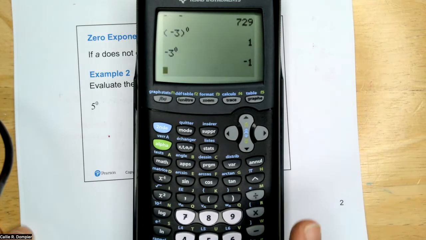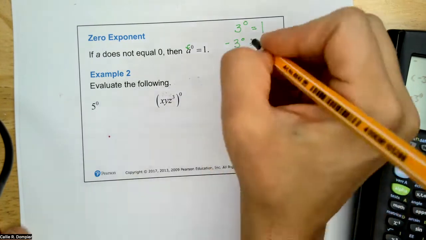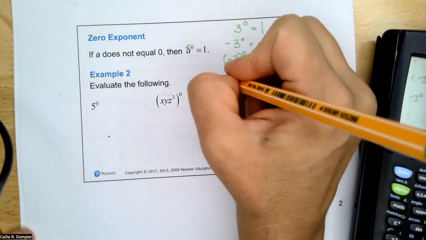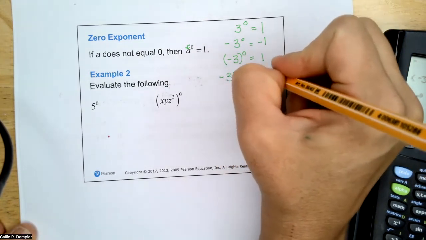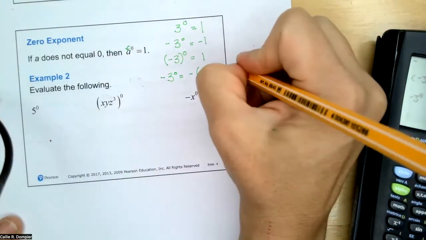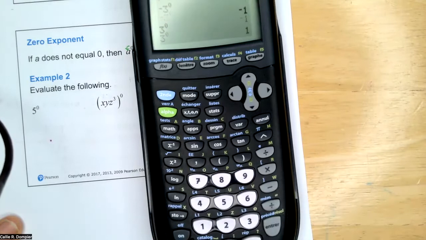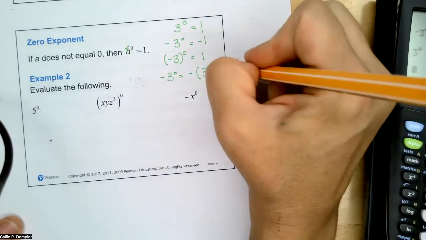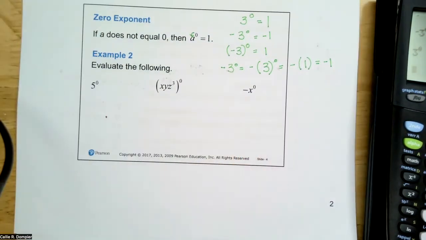So the negative sign is going to be out in front of that 3 or that 1, okay? Let's do it again. Negative 3 to the 0 is negative, 3 to the power of 0. 3 to the power of 0 is 1, right? We know that. So it's negative 1. That's how we got it, if you're wondering.